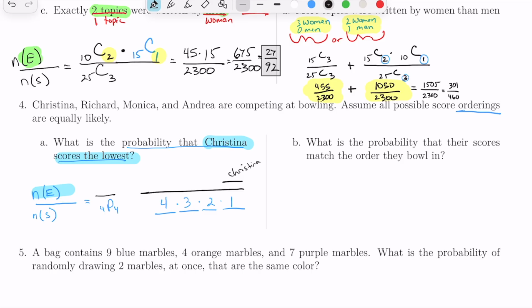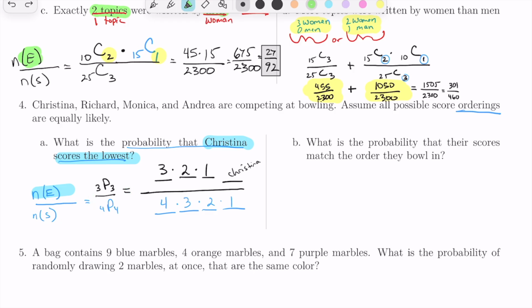She's guaranteed to be in last place if this is what we're looking for. In which case, we have 3 different people could come in first place, 2 different people could come in second place, and 1 could come in third place. This really means that you have 3 people, and we're going to choose all 3 of them for all of the other places. So we have the math notation way of writing this right here.